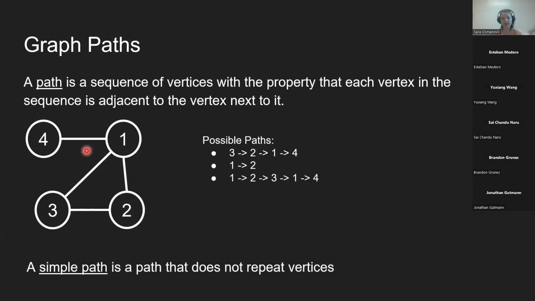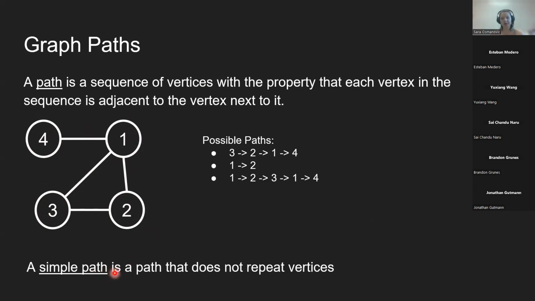So a path would be something like 3, 2, 1, and 4. And then you do have a path from 3 to 4, but it doesn't go directly from 3 to 4. It has to go down to 2 or 1 and then to 4. And a path is also 1 to 2, and 1 to 2 to 3, and then back to 1 and 4. All of those are paths.